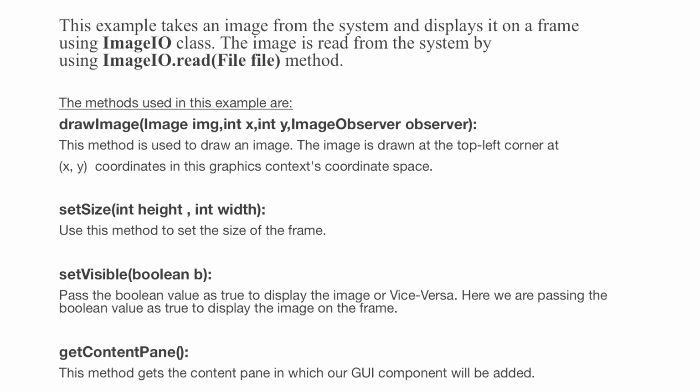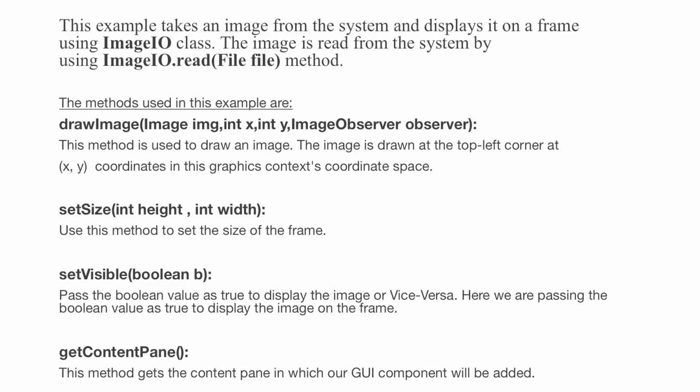We have methods used for displaying the image, like drawImage(img, int x, int y, imgObserver). This method is used to draw an image, and the image is drawn at the top left corner of the x, y coordinate in the graphics.